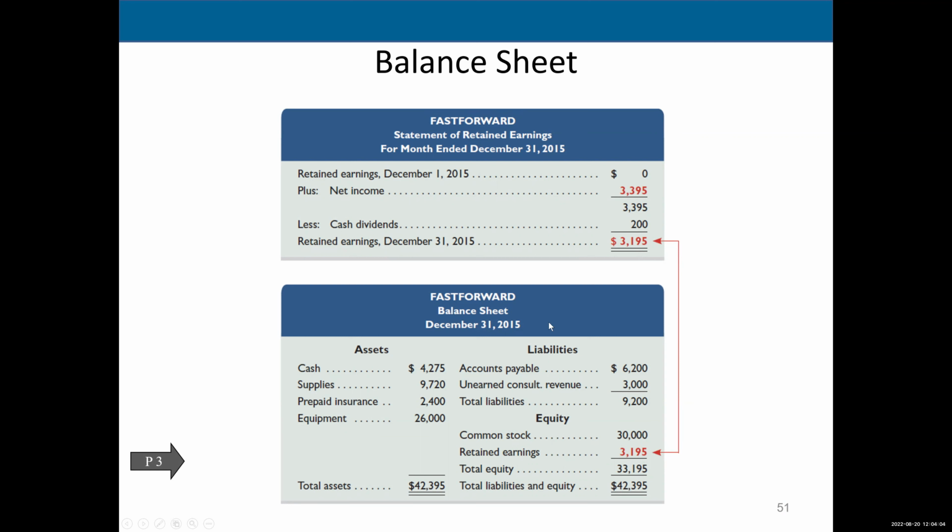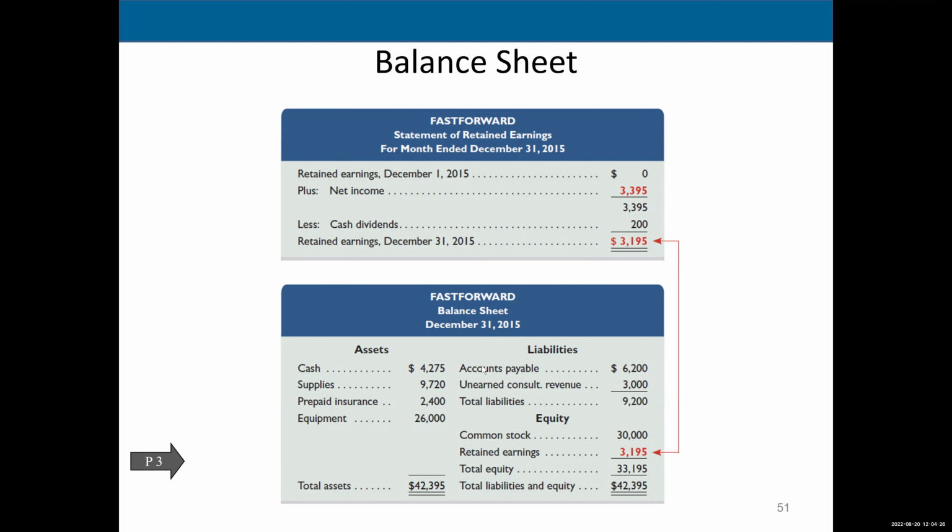Now, notice that on the balance sheet, it's for a point in time. It just has a date. It's the only one that won't say for the month ended December 31. It's just going to say December 31. Why? Because it's a snapshot. On December 31, I had this much cash.